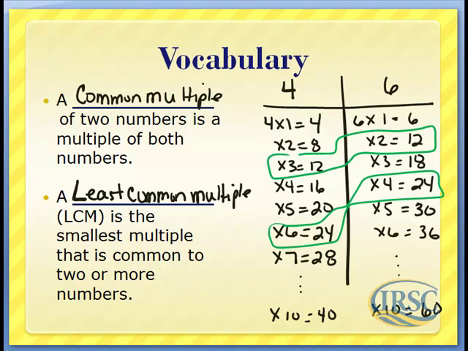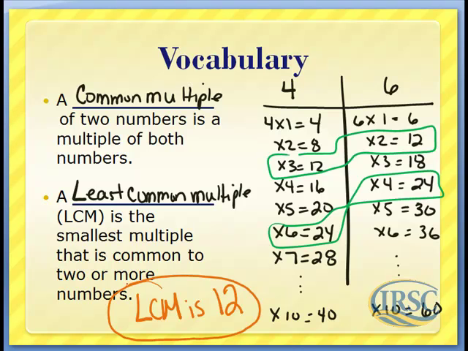So let's find the least common multiple for 4 and 6. And the least common multiple, and that would be the LCM for 4 and 6, is 12. 24 is a common multiple, but it's not the smallest.